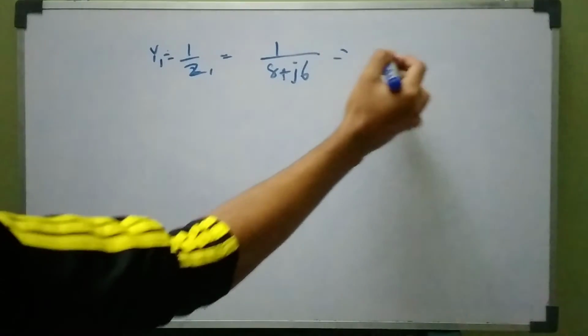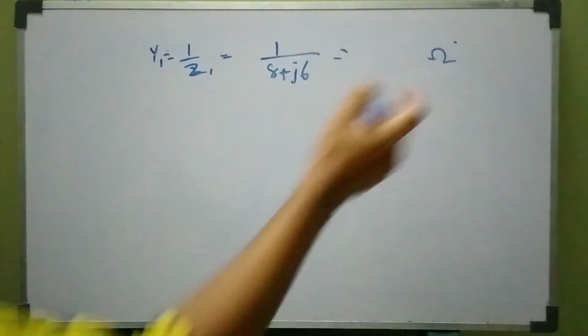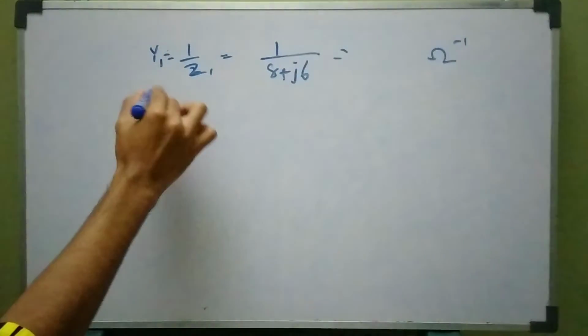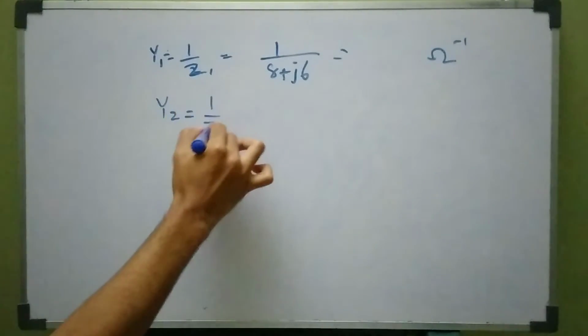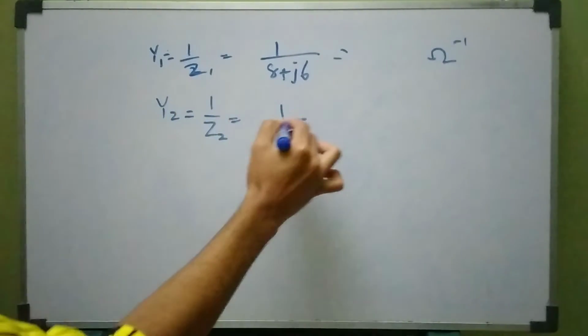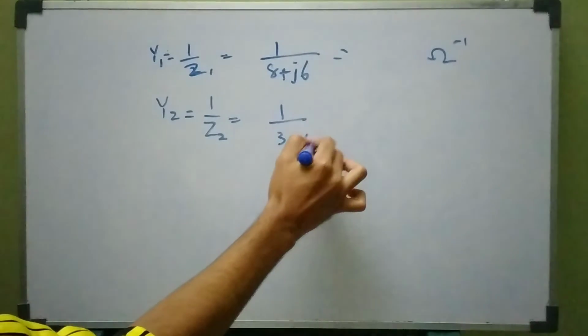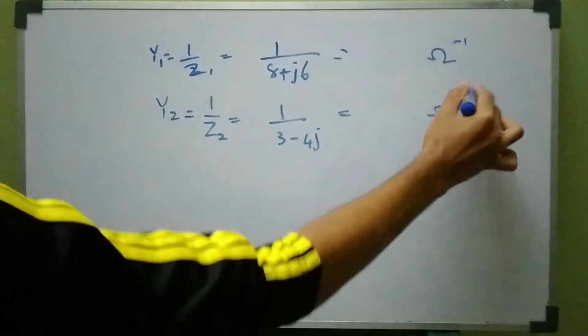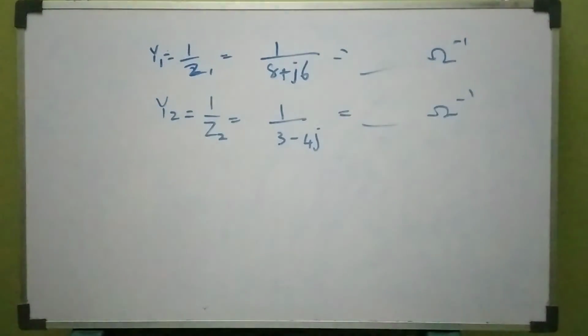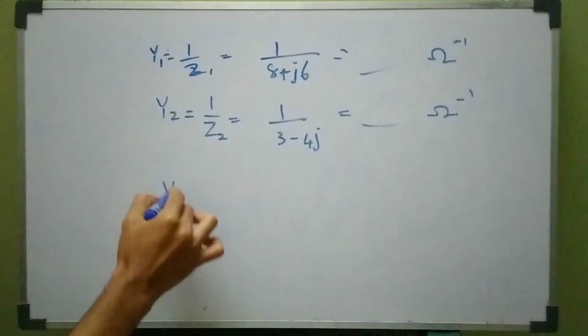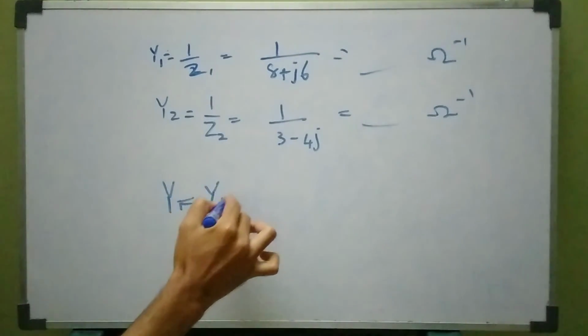If we calculate this, we are going to get the answer in ohm inverse. In a similar way, we can find 1 over Z2, which is 1 over 3 minus 4j, also in ohm inverse. We need to figure it out. After that, we can directly add those. So Y is equal to Y1 plus Y2.